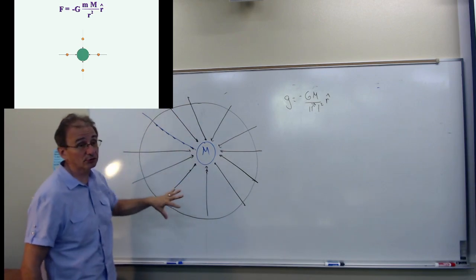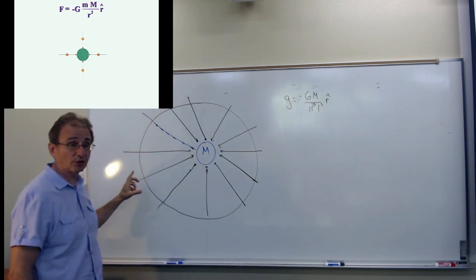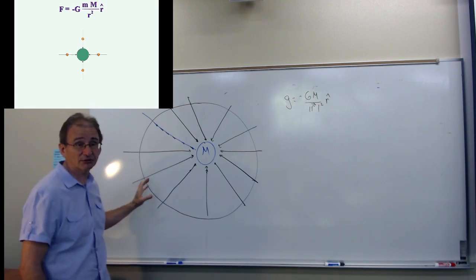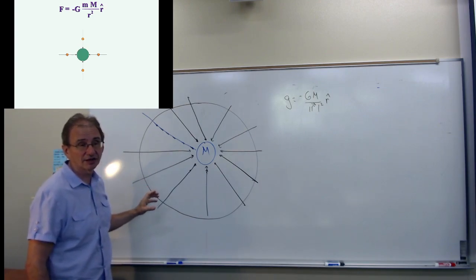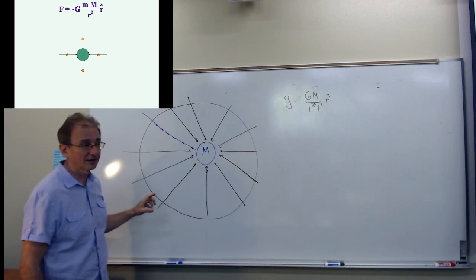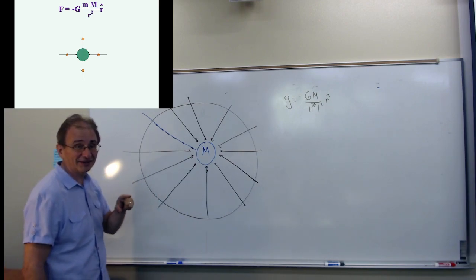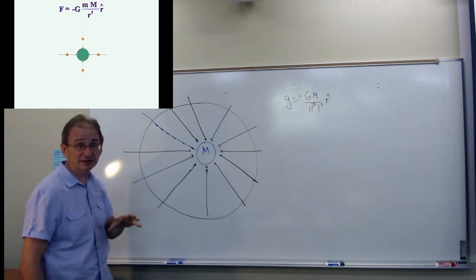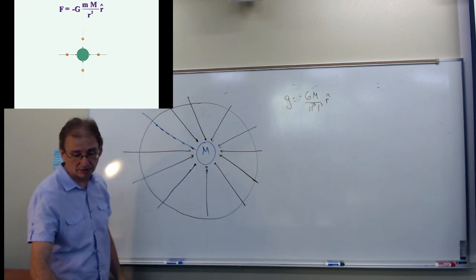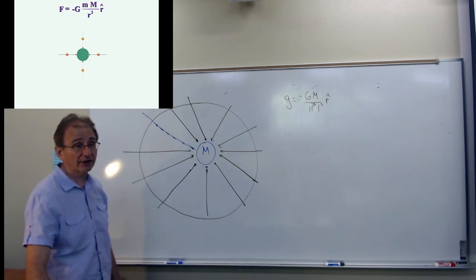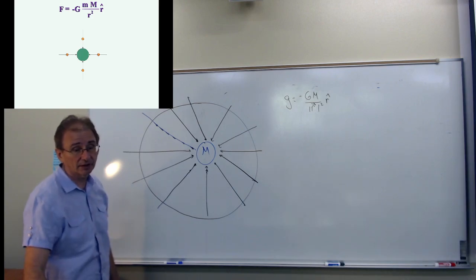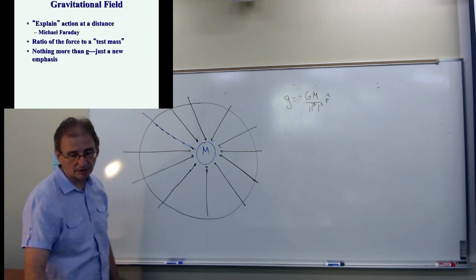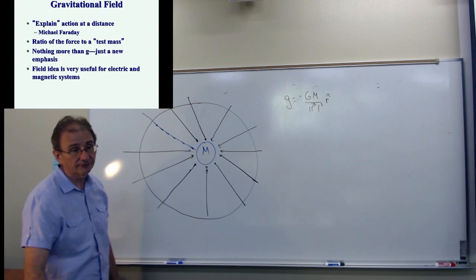The number of lines going through that sphere is the same, but the number of lines per unit area decreases. And so the fewer the lines, the less force you feel, the less field. That's what Michael Faraday noticed. So this is where we can connect to saying that the farther we are away from an object, the less gravitational field and force there is, the less gravitational attraction between each object.